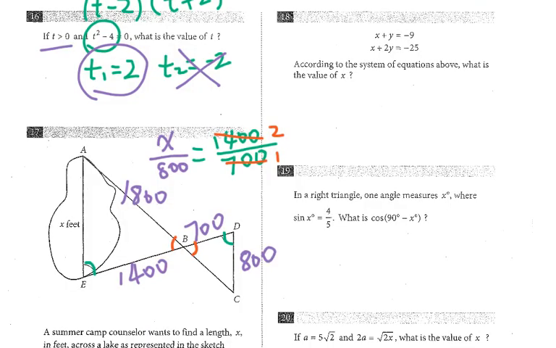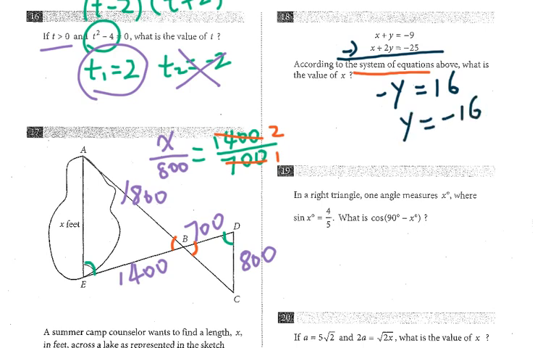For number 18, we have so many ways to solve a system of equations. But according to the given problem, since this is standard form and I have x, you just do the subtraction. You will get negative y equals positive 16, and y will be equal to negative 16.